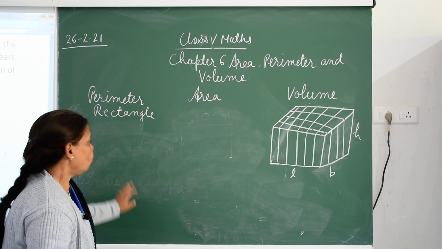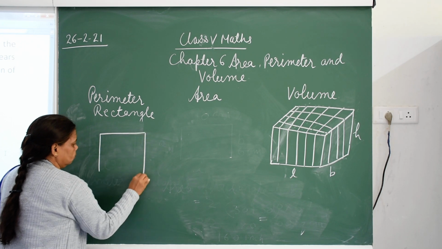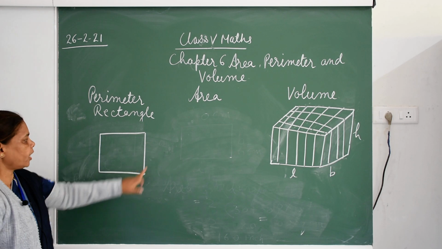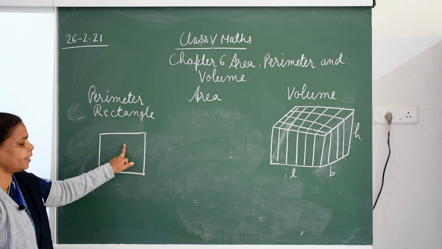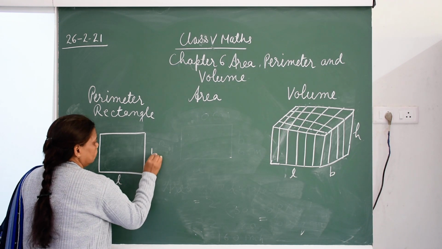Now how to find the perimeter of a square? Square, you know, all the sides are equal. All the sides are equal. Length and breadth are equal.